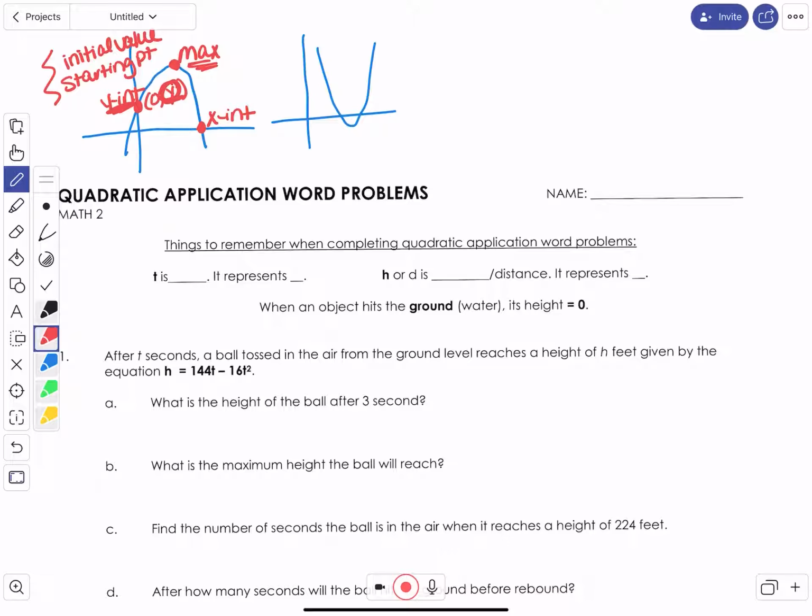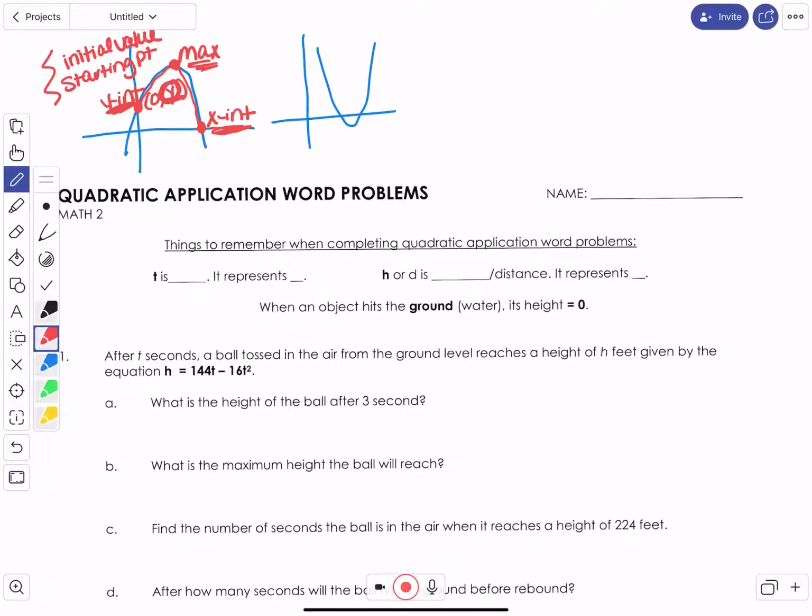And for an x value, you may hear words like, when it hits the ground, when it hits the water, stuff like that. That's going to be the x value, because literally we're talking about when projectiles go up and when it comes down and hits the ground, or when it hits the water.